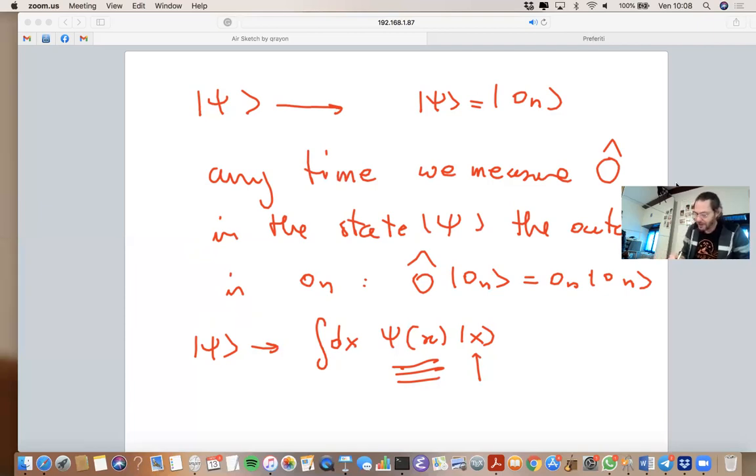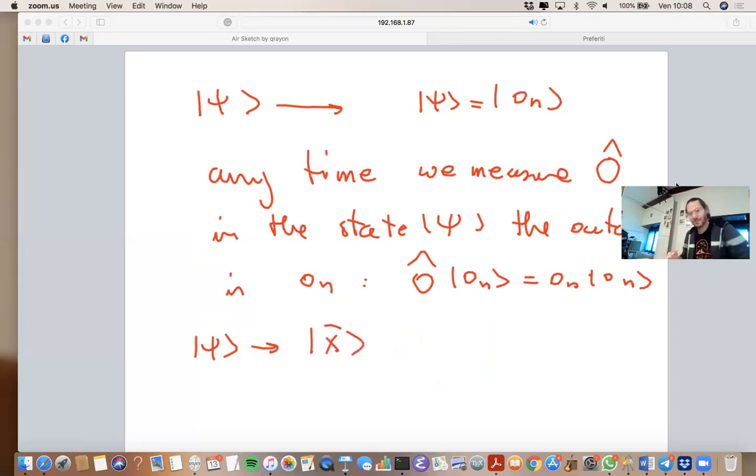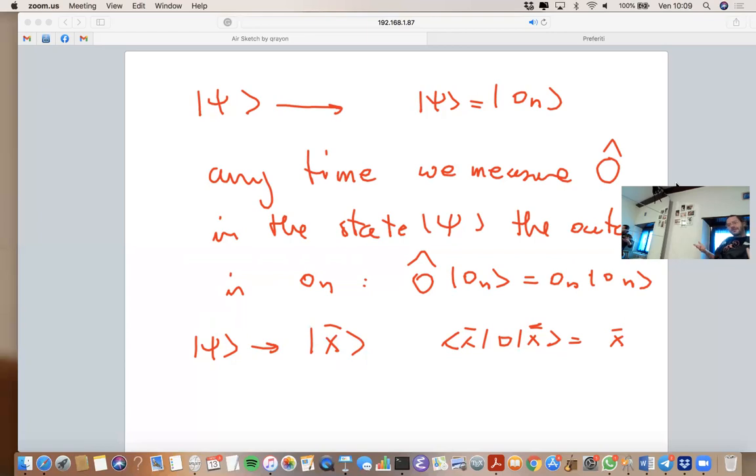However, if this is only one state, say the system is in a particular position X bar, well, anytime I measure O, I will find always X bar. Always. So there are two distinct behaviors. Depending on the operators, there are special states of the system where measurements are trivial. They always give the same result. And in general, measurements are not trivial. The result of the experiments will be distributed.